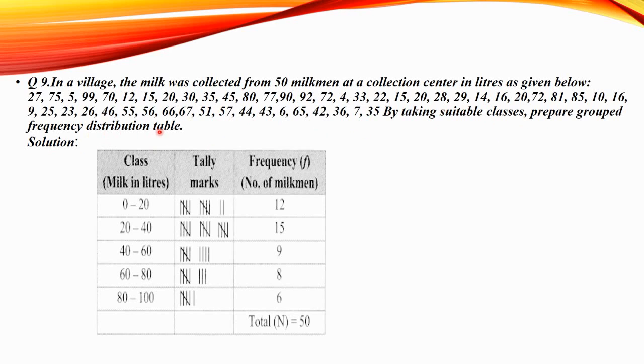In this question, they have not given which classes to take. So according to us, we will take the classes 0 to 20, 20 to 40, 40 to 60, 60 to 80 and 80 to 100, since the lowest value is 5 and the highest is 99.